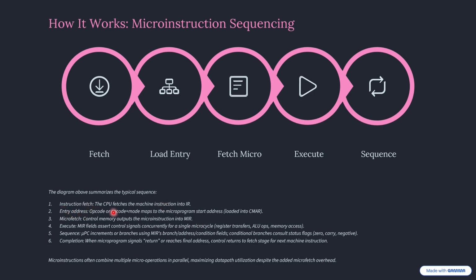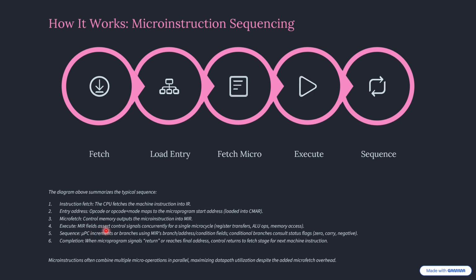Instruction fetch: the CPU fetches the machine instruction into the IR or instruction register. Entry address: the opcode, or opcode plus mode, maps to the microprogram start address. Load into CMAR. Microfetch: control memory outputs the microinstruction into MIR.